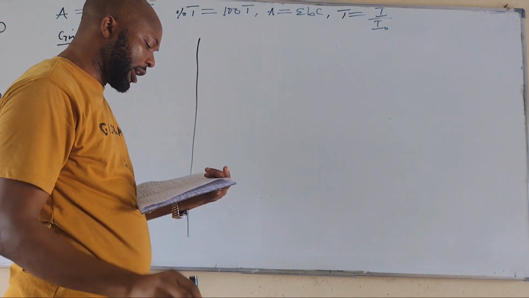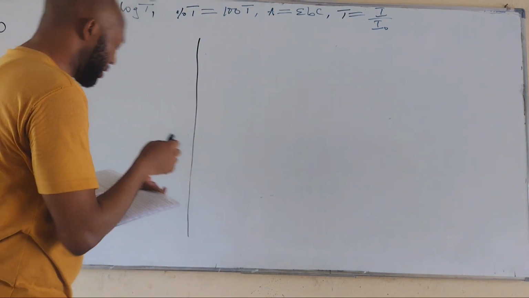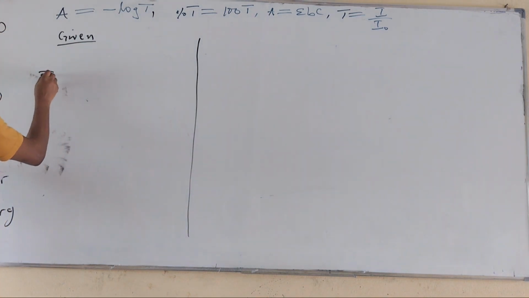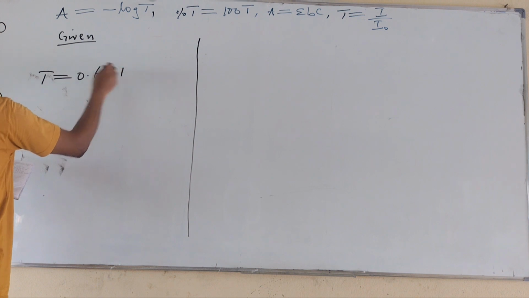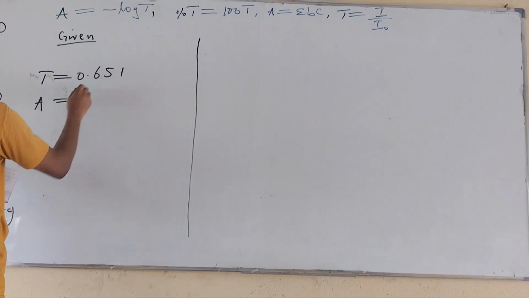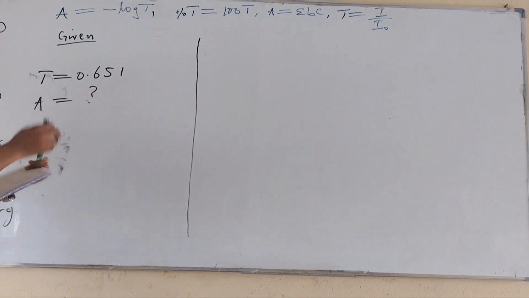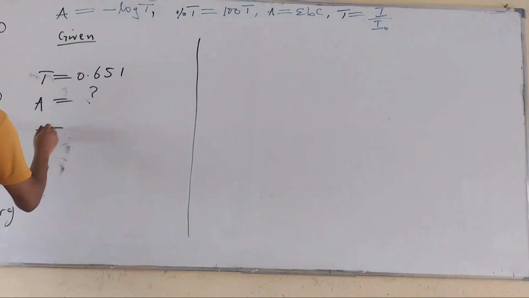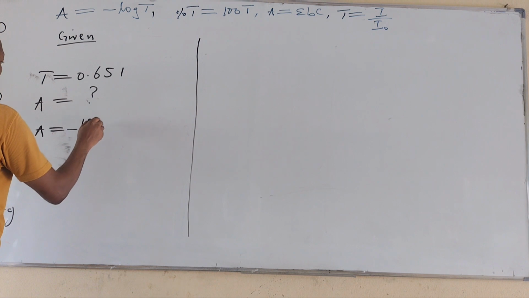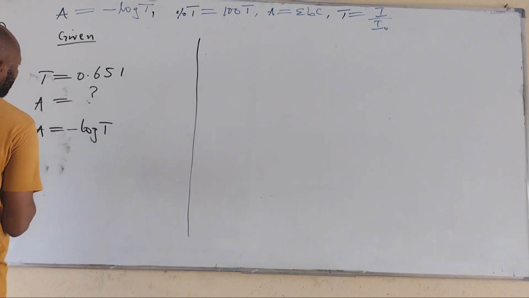Okay, if T is equal to 0.651, what is A? The absorbance. Absorbance is equal to the negative log of T.